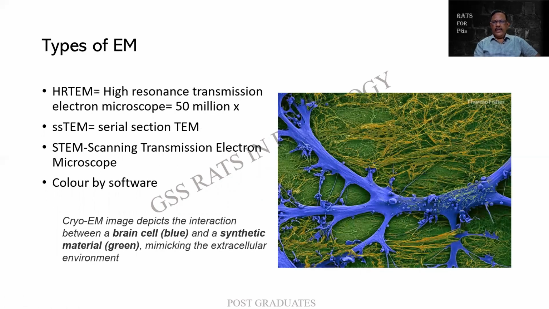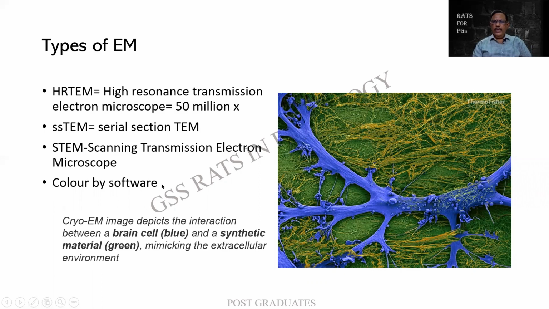There are different other types of electron microscopy. For example, these are all terminologies which I had managed to gather. I would like you to kindly know the names alone. HRTEM, High Resolution Transmission Electron Microscope. SSTEM, Serial Section Transmission Electron Microscope. STEM, a combination of scanning and transmission electron microscope. And there is also a provision for coloring by the software.